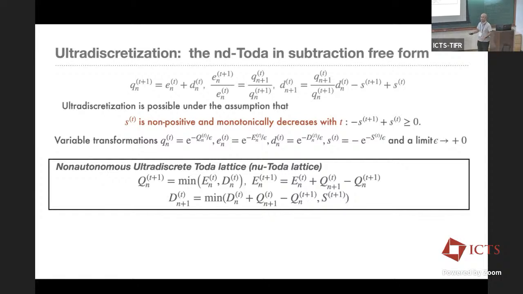And then by taking the ultra-discrete limit, you see, I already showed you how the original rational mapping can be transformed into some piecewise linear mapping like this. So the plus binary operator can be transformed into minimum. And here, this is okay.